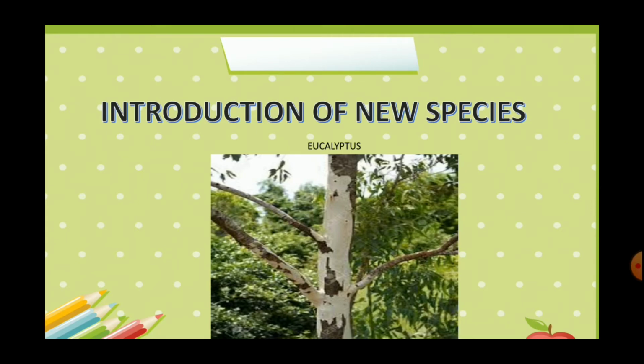The eucalyptus plant disturbs the water table because it consumes more water, and lowering of the water table affected the small plants, the roots of which are not so deep.